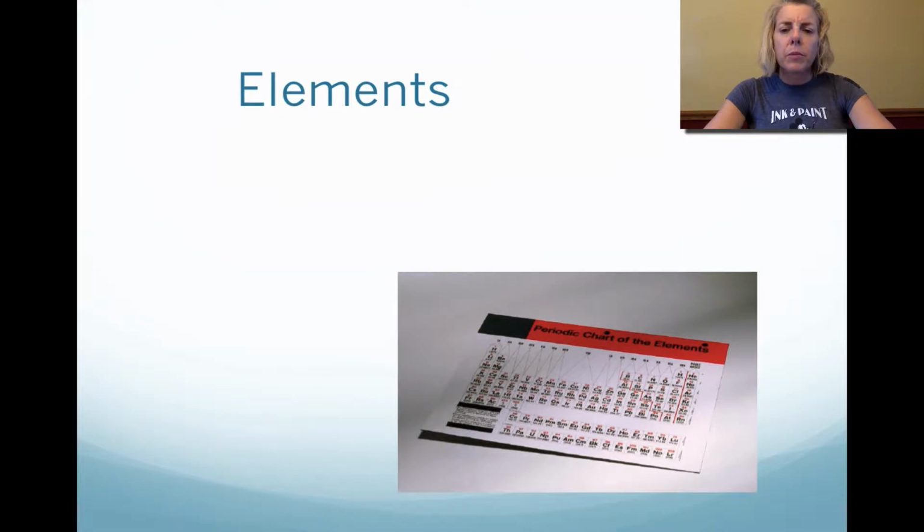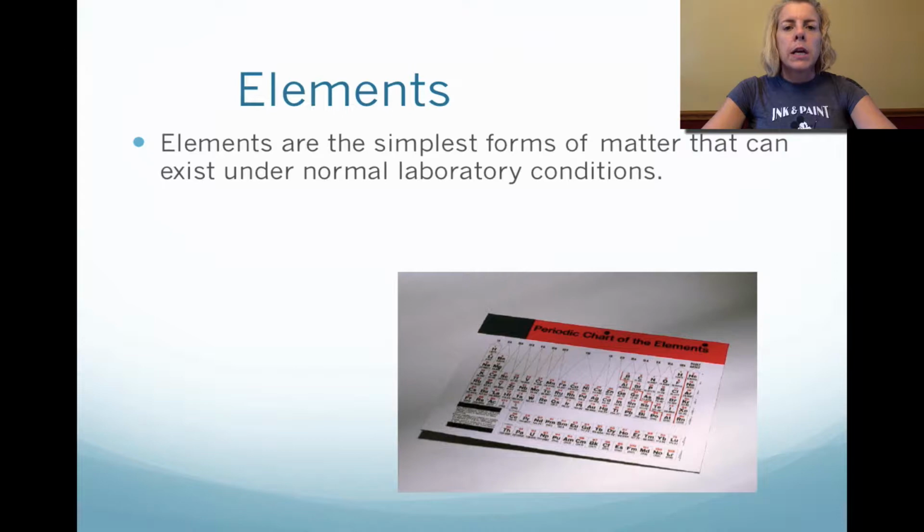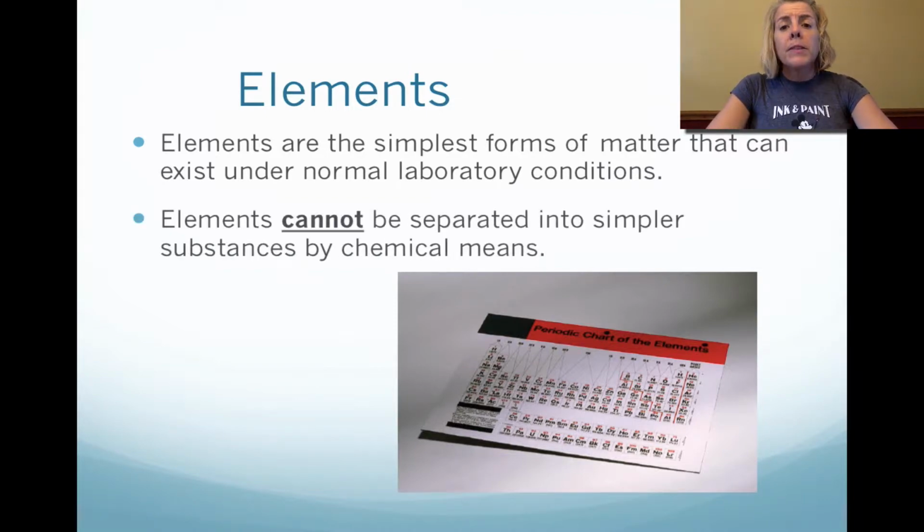Okay, so elements. What are elements? You've probably heard this before, but it's good review. It's the simplest form of matter. So it's like the building blocks of life or our environment. Elements cannot be broken down into simpler substances by chemical means. Now, what does that mean?